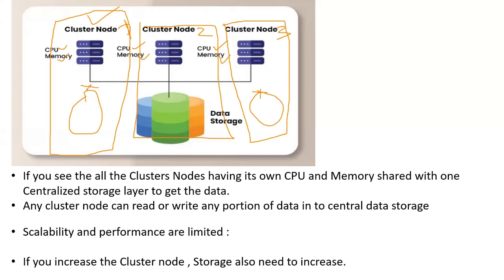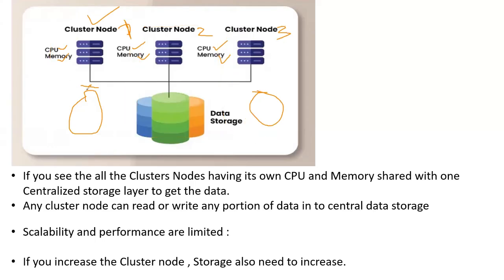But here there is no such concept. It has one storage, which is shared storage. Shared storage means this storage is shared with cluster 1, cluster 2, and cluster 3. So this is called the shared disk.